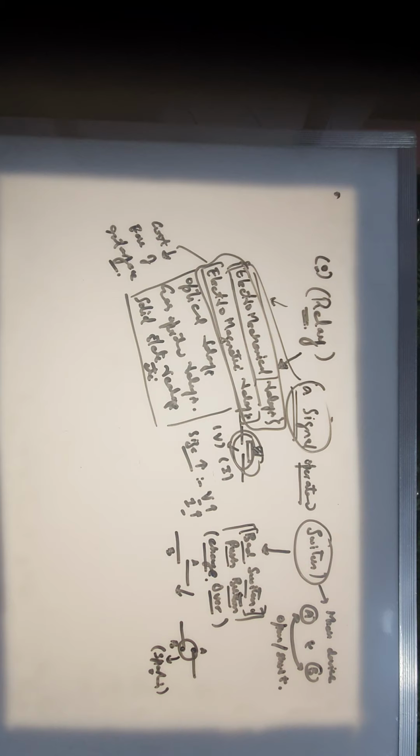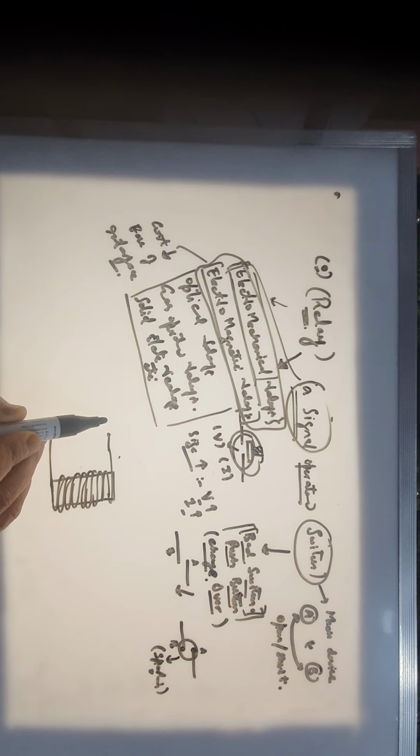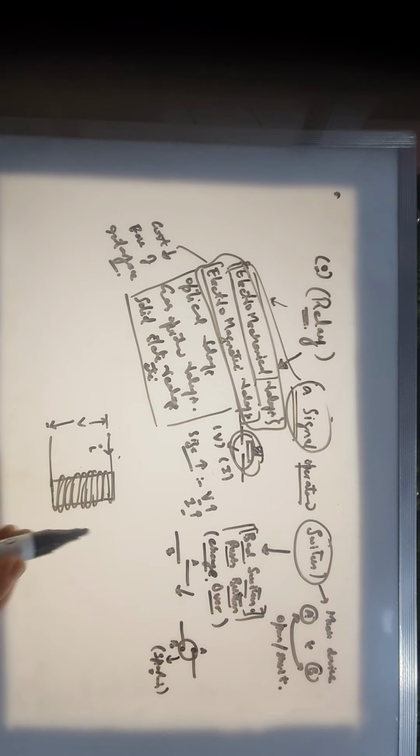Okay, so what is the structure of this electromagnetic relay? It is simply, we have an electromagnet. This is some ferromagnetic material. There's a coil wound around this ferromagnetic material, so that whenever I provide it with a voltage V and it takes current I, this particular material gets magnetized and it becomes a magnet, so that there is a north and south pole now.